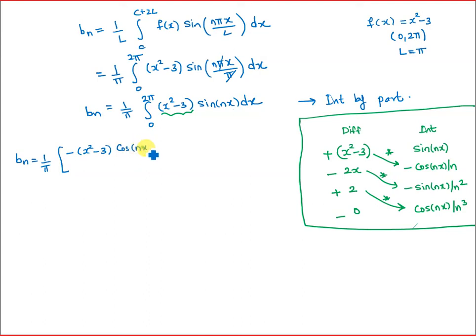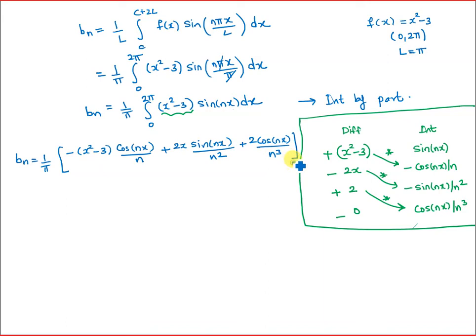Minus minus becomes plus 2x sine nx over n square, and plus gives you plus 2 cosine nx over n power 3. Limits are from 0 to 2 pi.